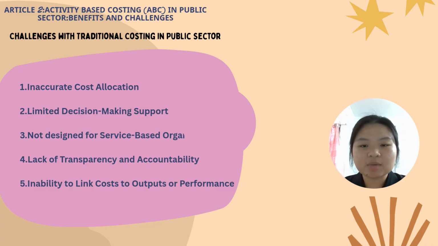This is especially problematic in the public sector, where different departments or programs consume resources differently. The second one is limited decision-making support. Because it doesn't provide detailed cost breakdowns, traditional costing fails to support effective budgeting, pricing, or resource allocation. So public sector managers may make poor decisions due to a lack of accurate cost data.